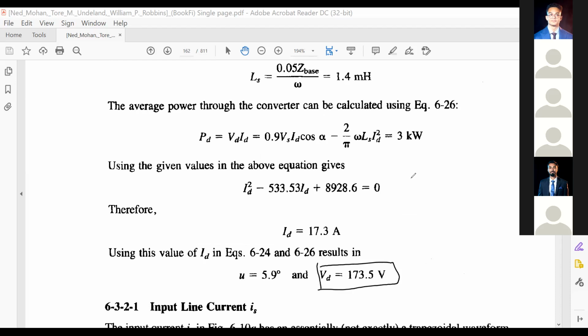And if you use this equation, cosine of alpha minus 2 omega LS ID divided by root 2 Vs, right? You know alpha, omega, LS and ID, and then you will find u equal to 5.90. We will be able to do it if this type of question is set in the exam.